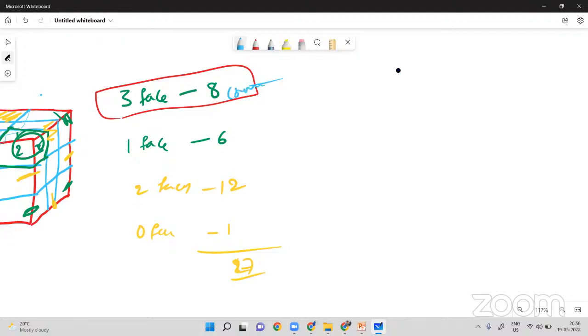Now just imagine there are n smaller cubes on each side. Here it is 3 by 3, and in the next question it is 1/4, meaning 4 by 4. So if it is n, then one face colored are always 6 times (n minus 2) squared.